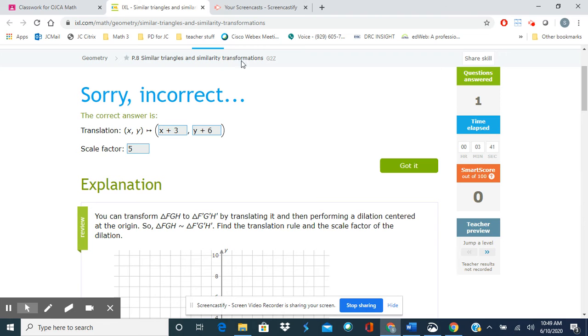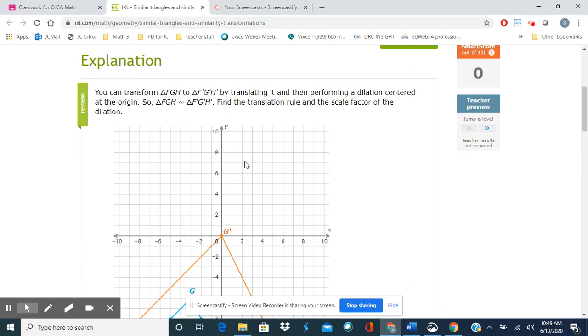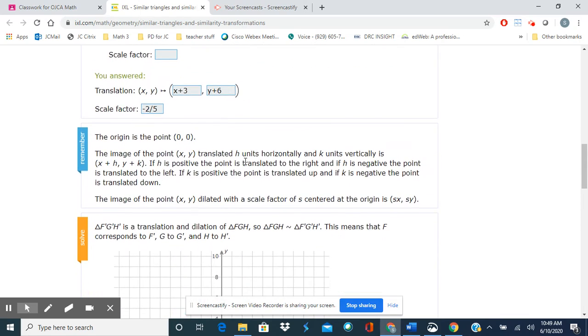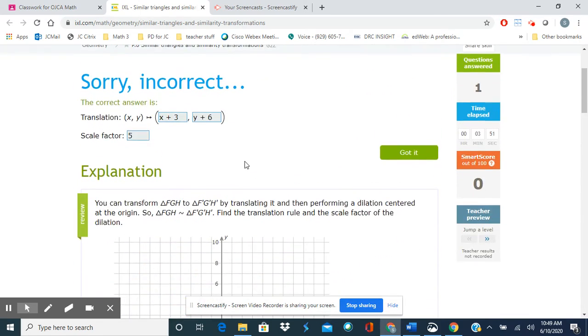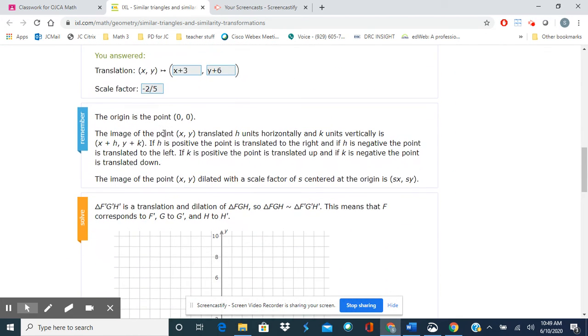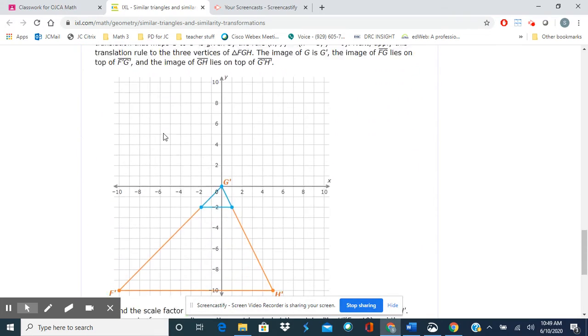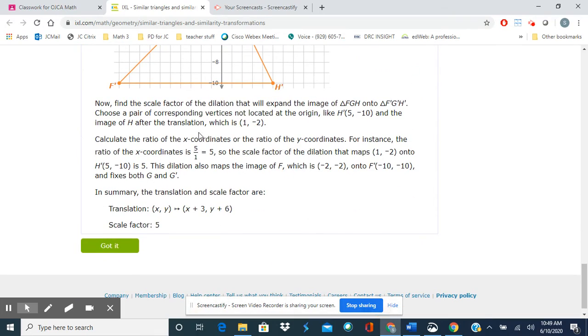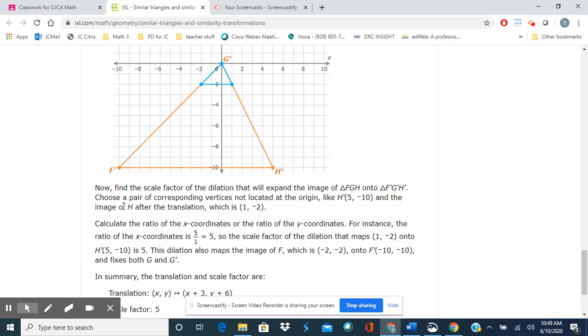submit. If you get it incorrect, here is your answer. So I got this part right, but I got my scale factor wrong. So I can go down and look and see where I messed up for my scale factor. It's because I did not use my translated triangle, right?